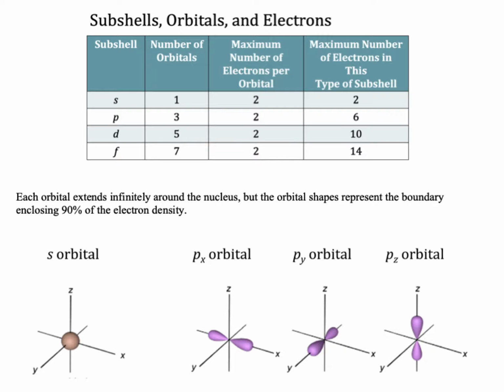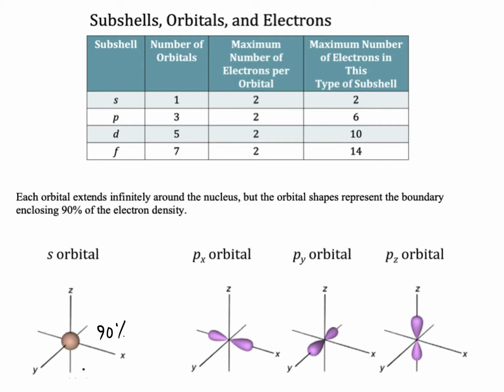That's the S subshell. And S here could be thought of as standing for spherical, because the S orbital has a spherical shape, which means that you're equally likely to find the electron in all different directions around the nucleus. But the boundary of that picture here represents the boundary of where we are 90% likely to find an electron around the nucleus.